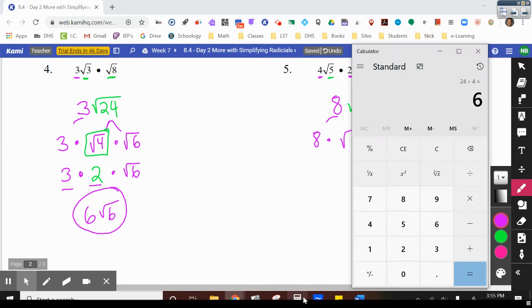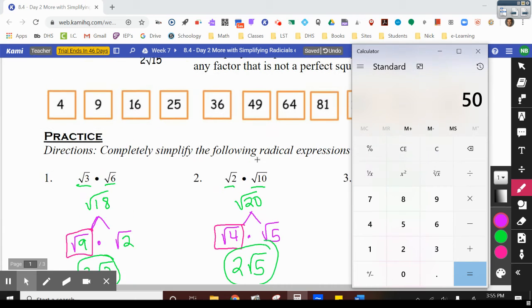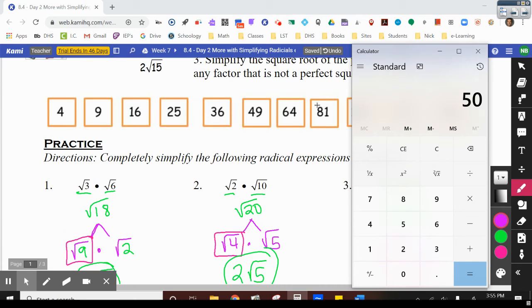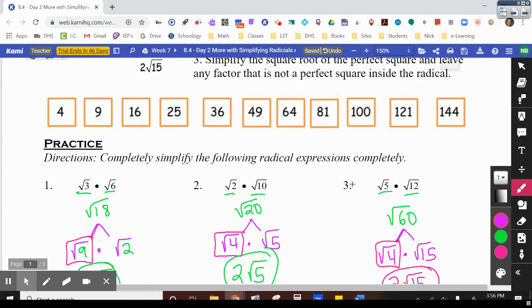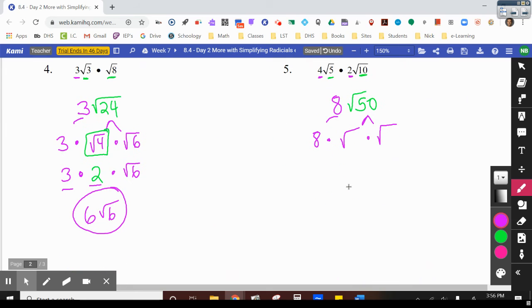I'm going to take that number 50 and see which of these perfect square numbers can divide evenly into 50. The only one that makes sense is going to be the 25, and it's 2. So this rad 50, I'm going to break up into rad 25 times rad 2.